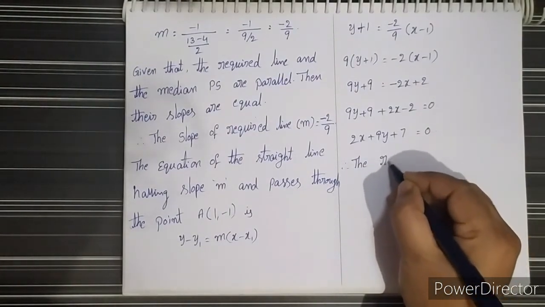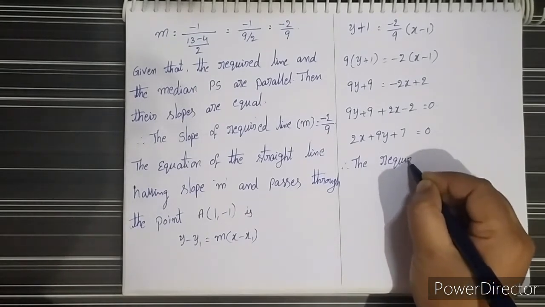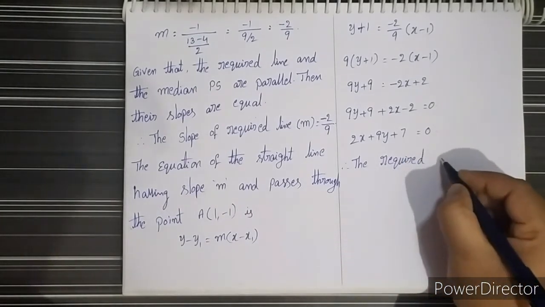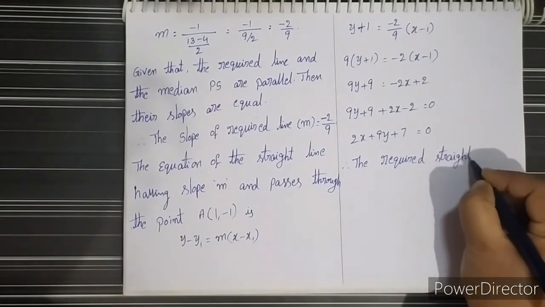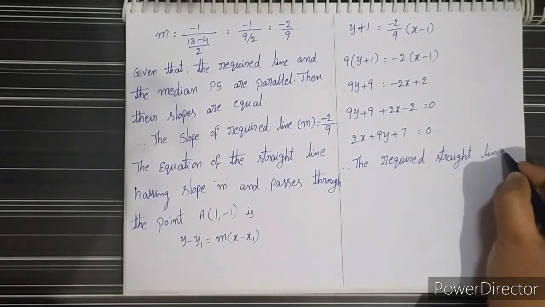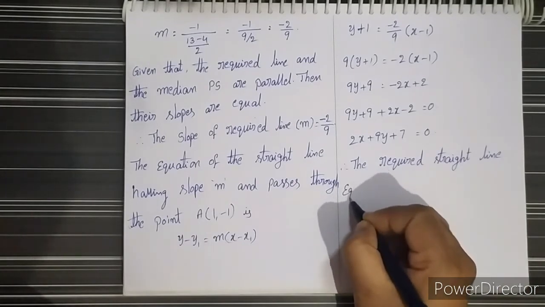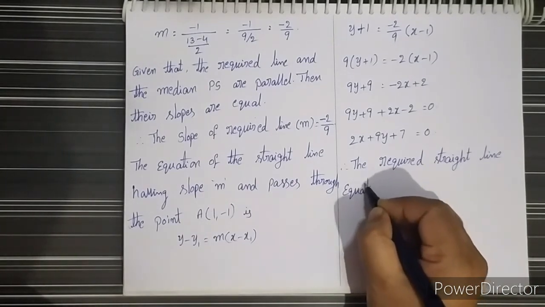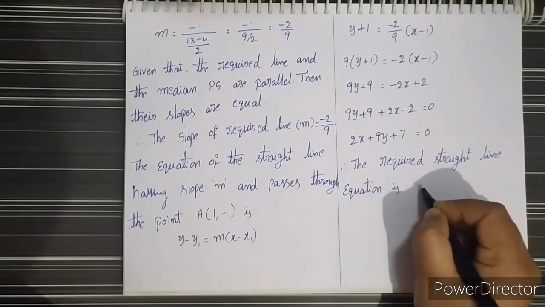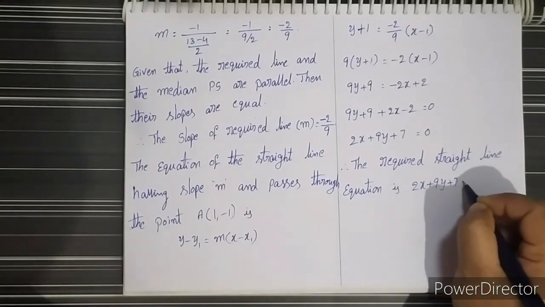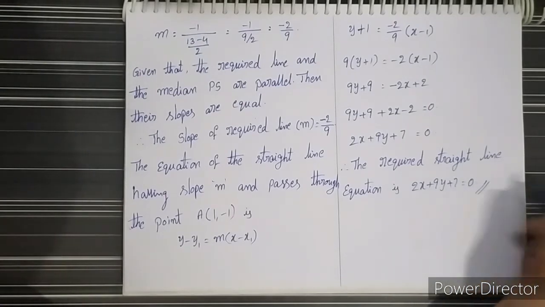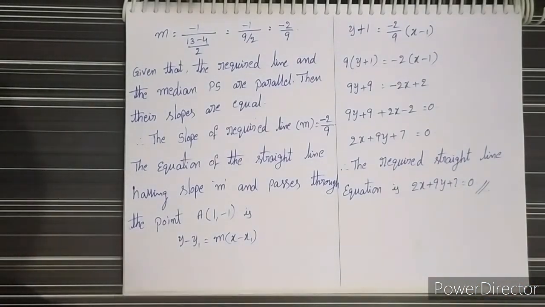Therefore, the required straight line equation is 2x plus 9y plus 7 equals 0. This is our required solution.